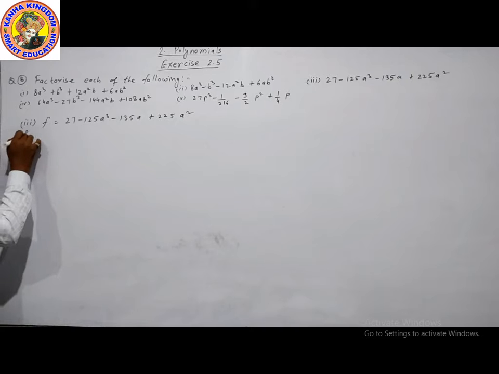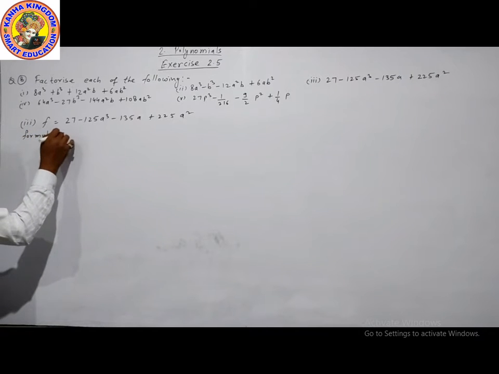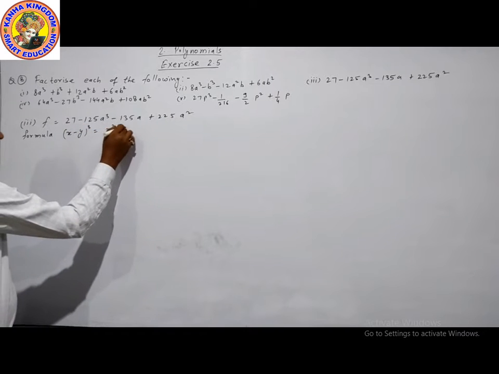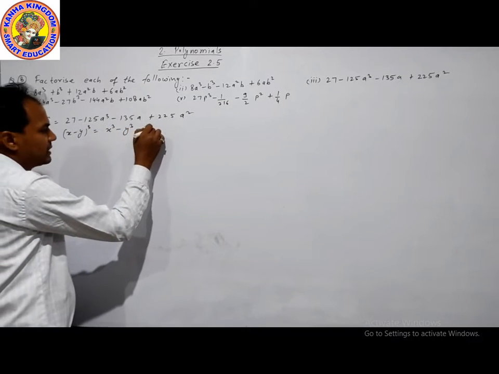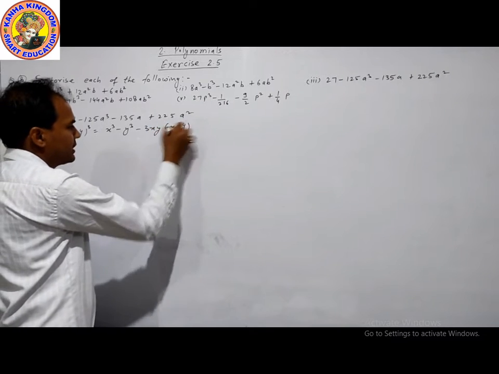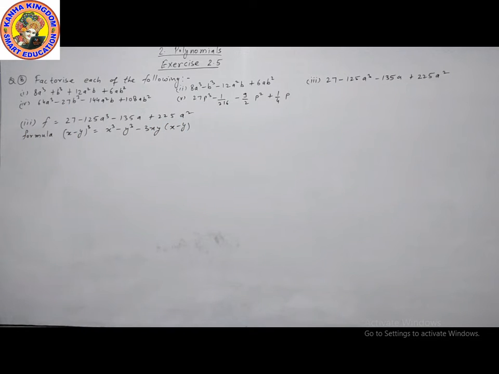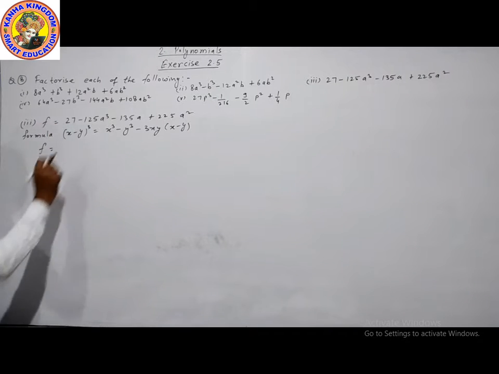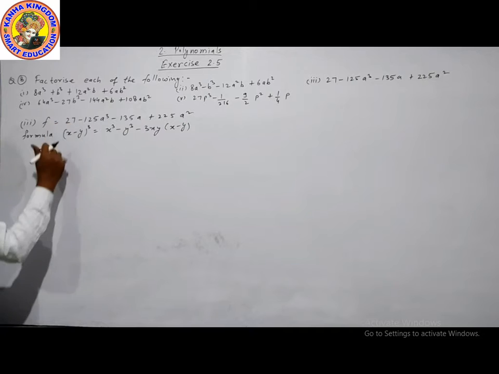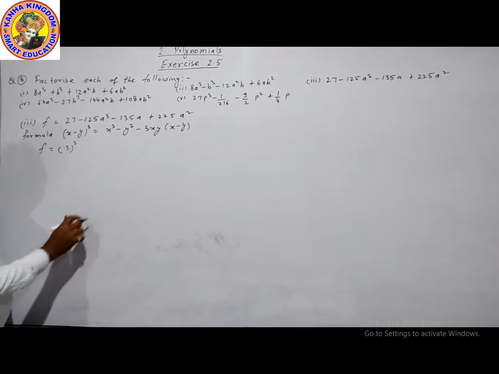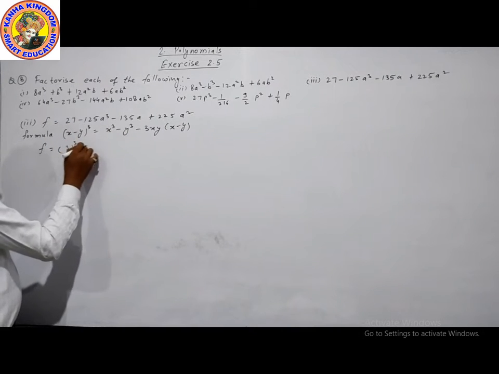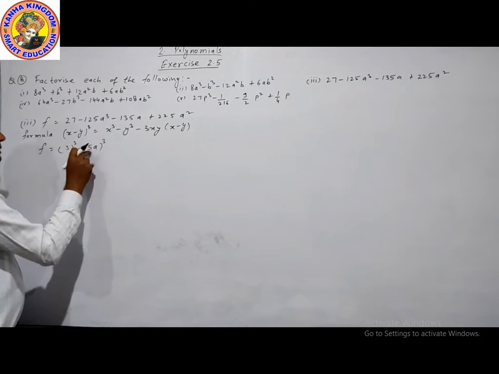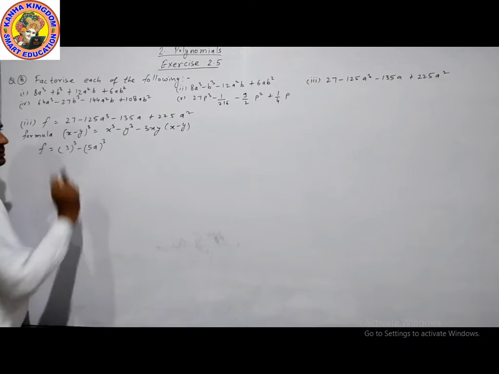So the formula is x minus y cube, x cube, y cube minus 3xy, x minus y. This is our formula. Now converting the equation into this formula. First of all, x cube is our 3 cube, y cube is our 5a cube. 5 cube is 125, a cube.